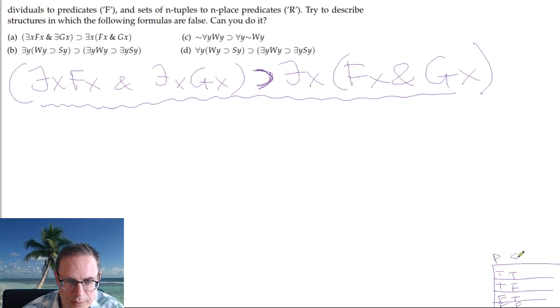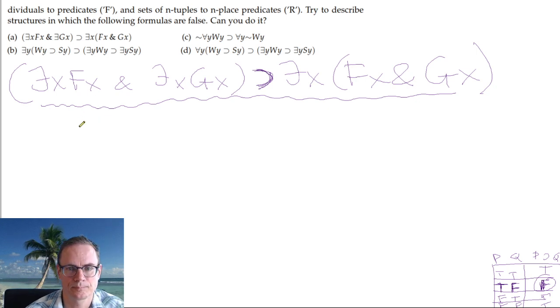If you have P here and Q there, then P horseshoe Q is true, false, true, true. So if we want to make this false, we have to make the antecedent true and the consequent false, because then the whole thing is false.